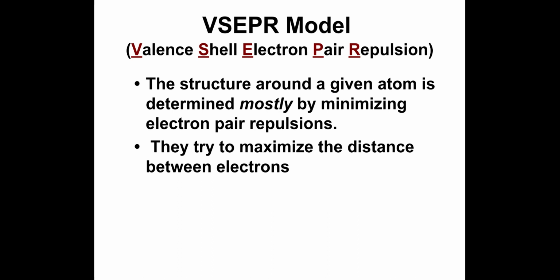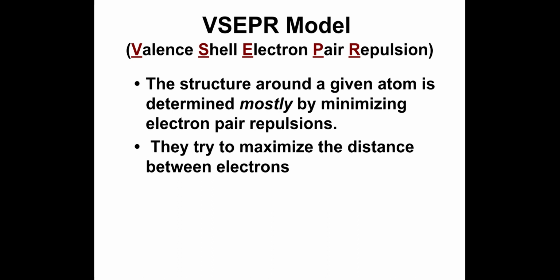It says pair repulsion. I like the word group better because when we talk about double and triple bonds, technically each bond has a pair of electrons. And if you have a double bond, that double bond has 2 pairs of electrons. So that makes it confusing for students because we're talking about pairs and there's 2 pairs.